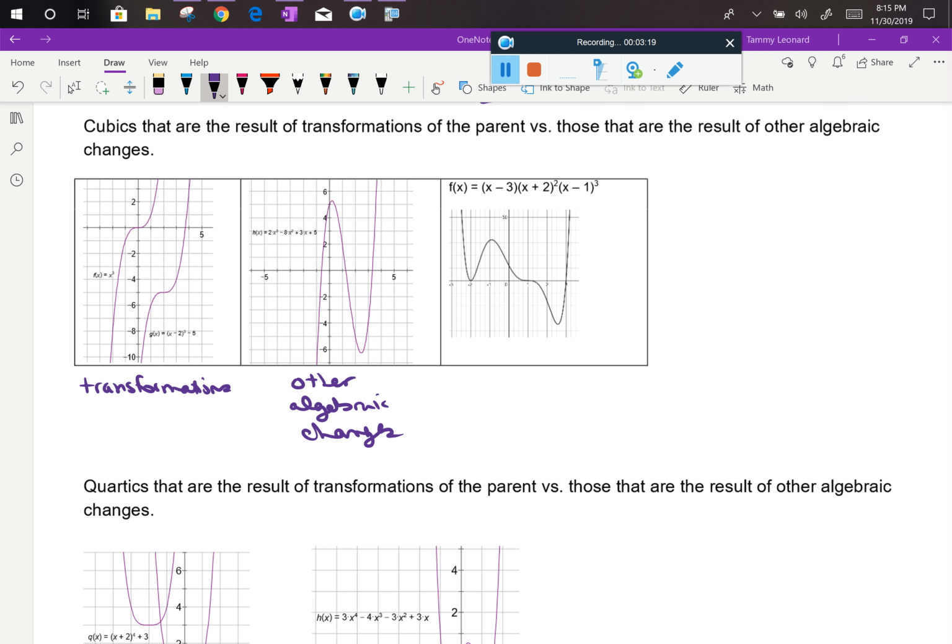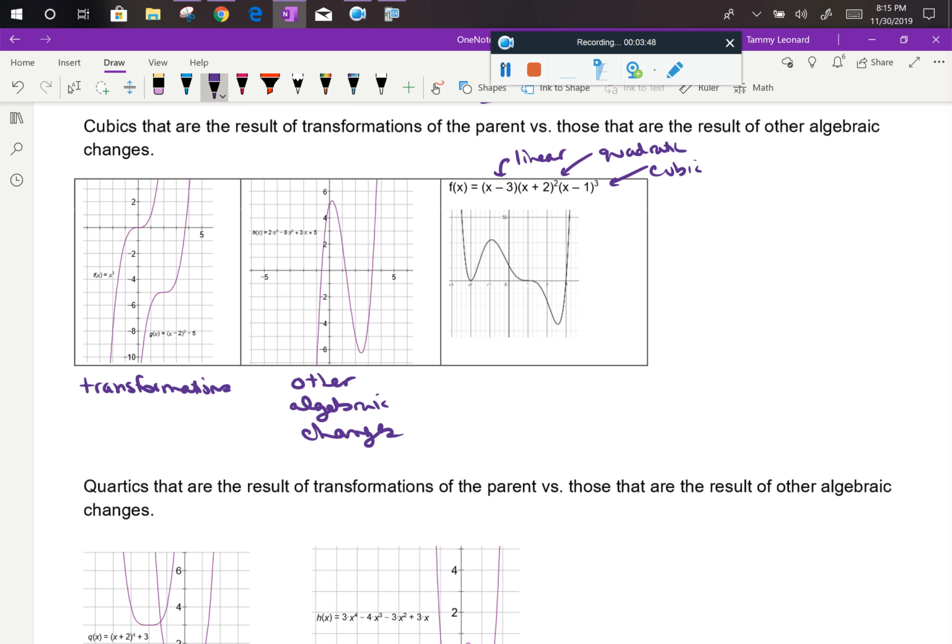But there's actually something else interesting about this factored form. Notice x minus 3 is kind of like a linear factor, right? It only has a power of 1. Whereas this is a quadratic factor, and this one is a cubic factor because of those multiplicities thrown on there. And notice, if you look at different parts of the graph, it's almost like you see a cubic or a parabola.